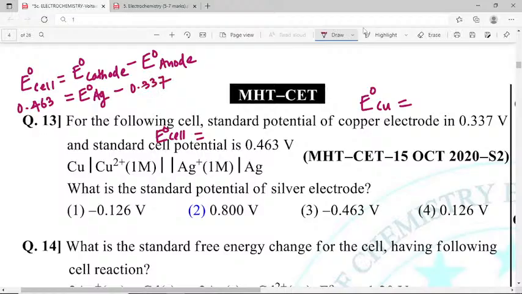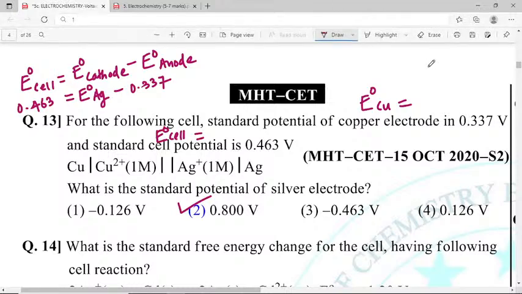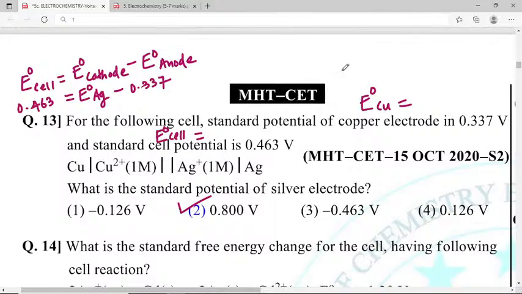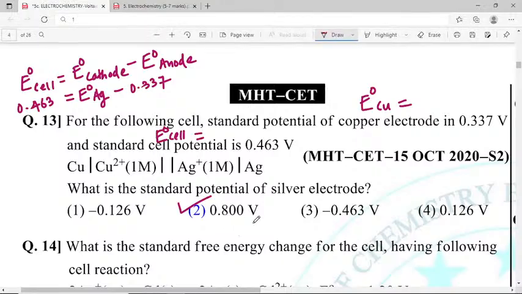Then solve, we will get the answer 0.8. Okay, how to calculate the E naught silver? 0.463 plus 0.337, so we get the answer 0.800.